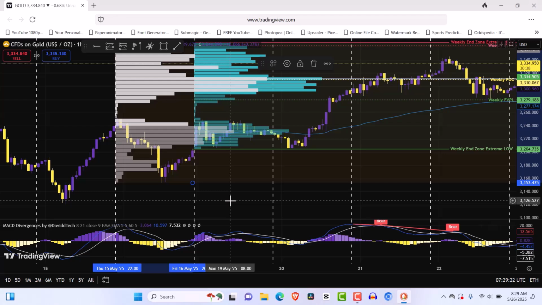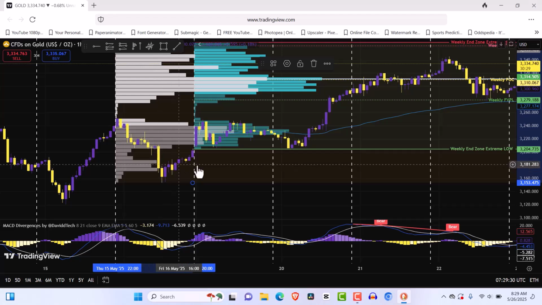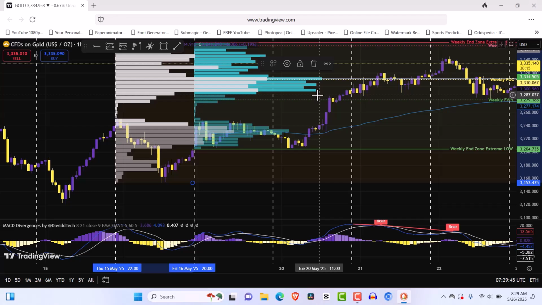So now what I do is mark out the higher volume, the lower volume, and the place of control. I call it place of consign, but a lot of people call it place of control, on the chart.